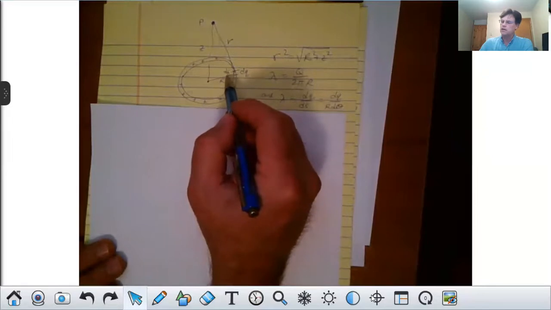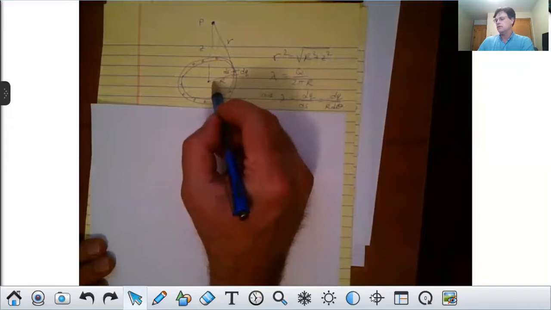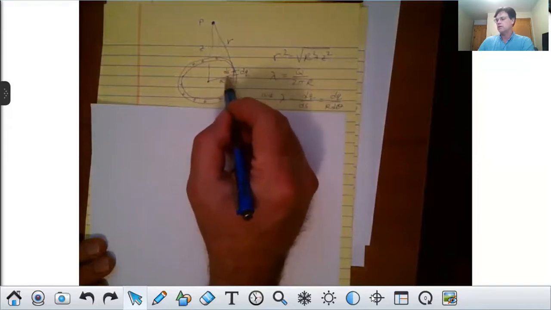Now if I slice up the whole circumference of the circle, I get what I call ds, so a little slice of the arc length. The radius here is capital R from the center of the circle to where the charges are.